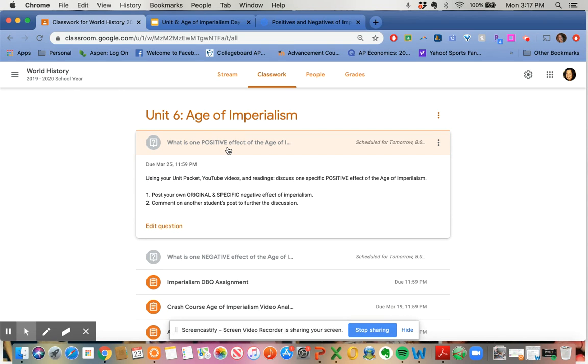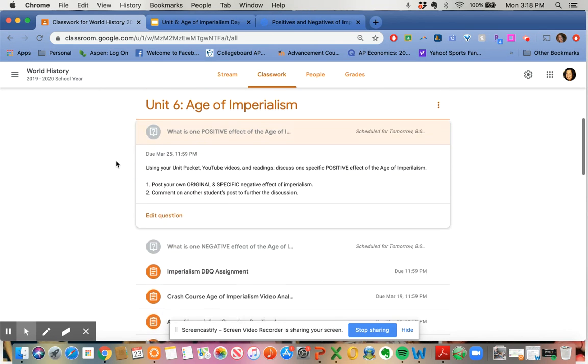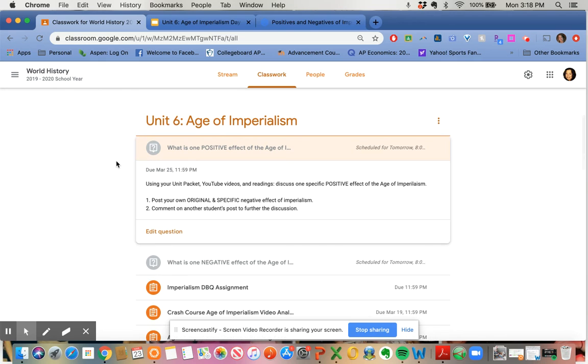You're going to tell me something positive about imperialism. It could be positive for Europeans, it can be positive for Asians, it can be positive for Africans, and you're also going to reply to other remarks. So just make sure that you're specific. You can use other resources. This is how we can virtually have a conversation.